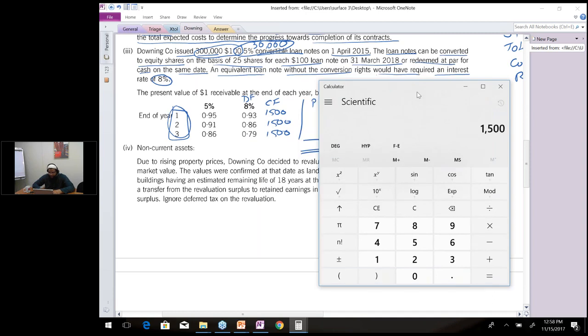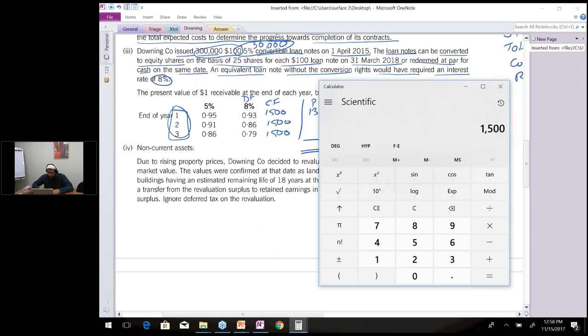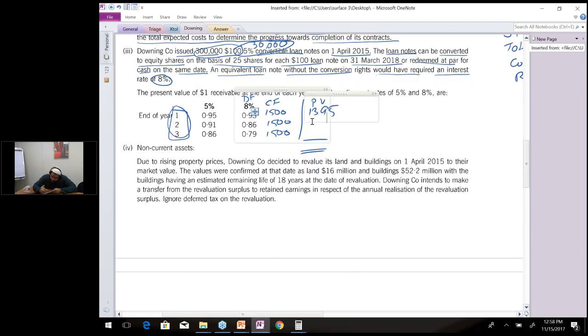So 1,500 into 0.93 is going to give us 1,395, and then 1,500 into 0.86 is going to give us 1,290.